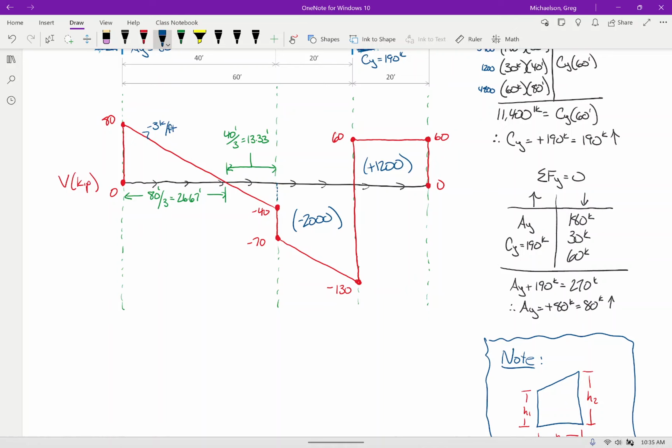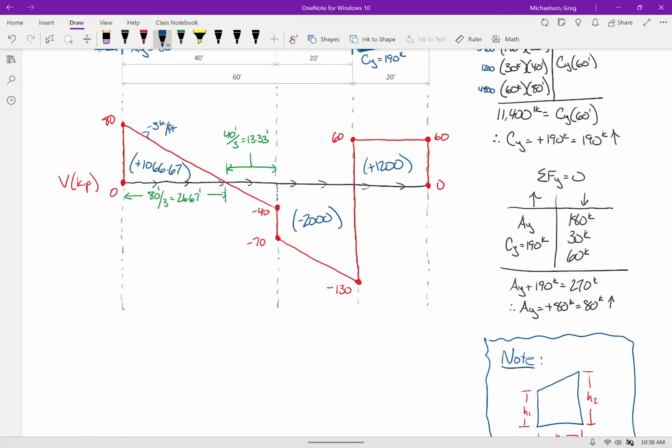So somebody help me out. What is the area of this big triangle right here? 1/2 base times height. And I don't think the decimals work out very nicely. It'll be like 1066.666. We'll call it 1066.67.